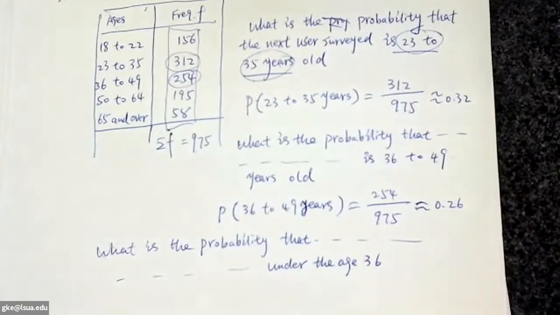Under 36, so 312 plus 156. That's right. Okay, so when I divide it by 975, you got what? You don't need to put in the percentage.